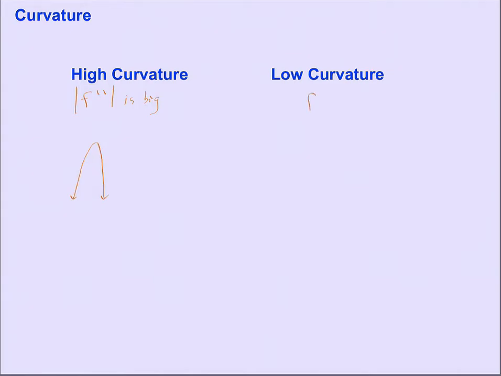On the other hand, if I had a graph whose second derivative, or the absolute value of the second derivative, is small, that means there's low curvature. That means the graph doesn't really matter if it's increasing or decreasing, but the rate of change of this graph is changing very slowly. This function is concave down, which means its rate of change is decreasing. Its second derivative is negative. So it has a positive slope here, and it's getting less.